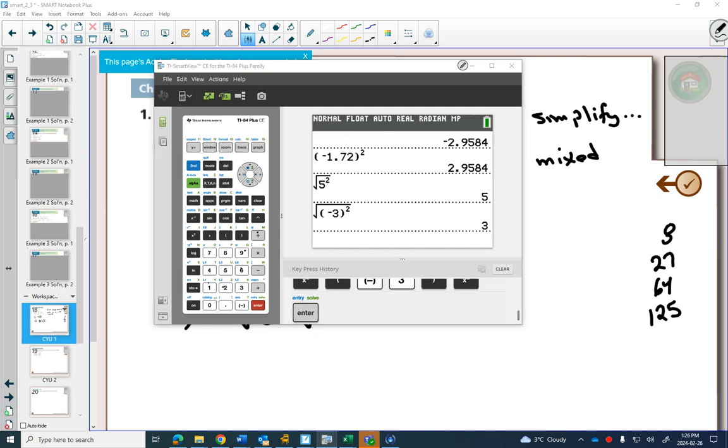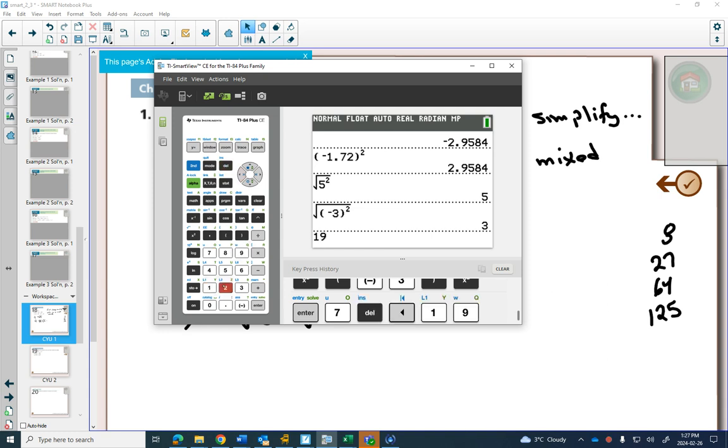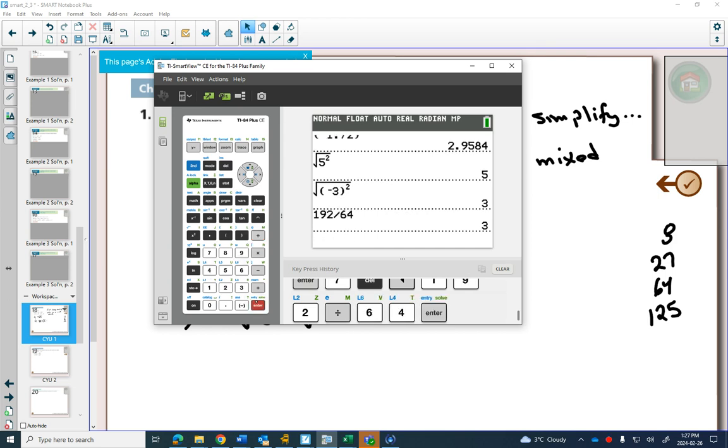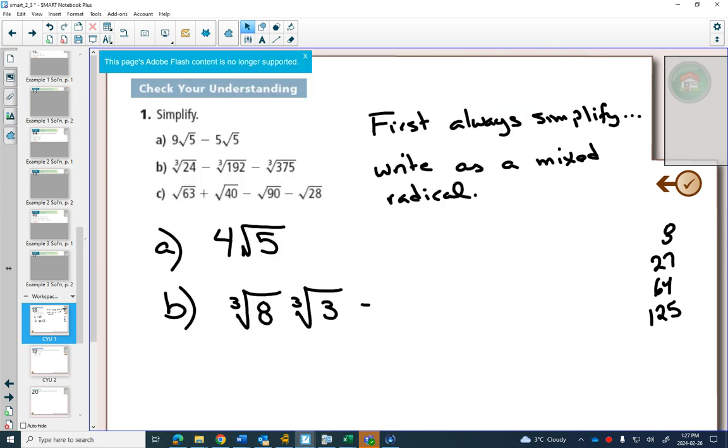I check, does it divide nicely by 64? 192 divided by 64. Does that work out nicely? It does. So then I could write that as the cube root of 64 times the cube root of 3.